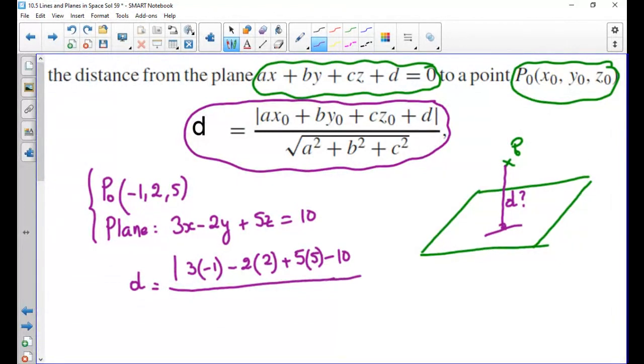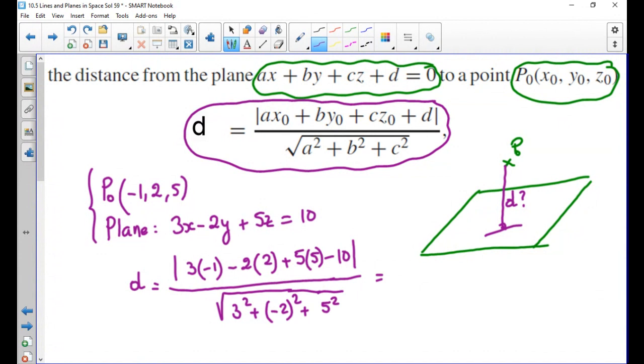Please be very careful here. And then you need to take the absolute value of that over the square root of 3 squared plus minus 2 squared plus 5 squared.